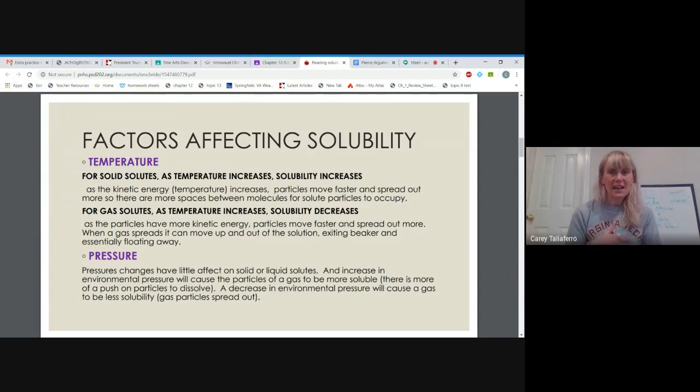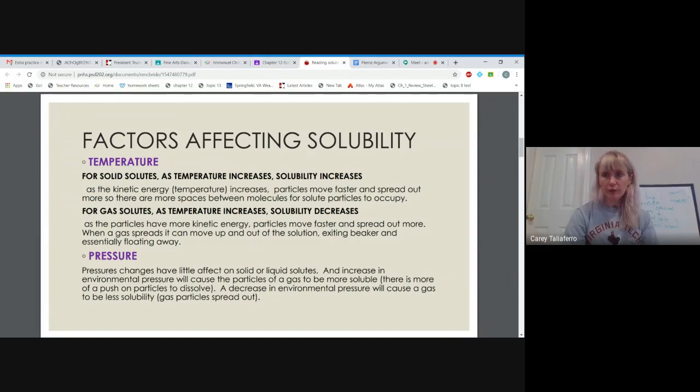So that carbon dioxide starts moving faster and faster and faster and bebops on out of there into the air. And so then you have a flat soda and extra carbon dioxide molecules running around in your house, okay? So more kinetic energy, particles move faster, spread out more, and it floats away from the solution.